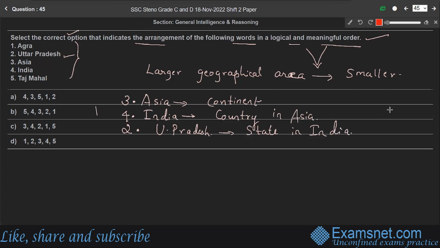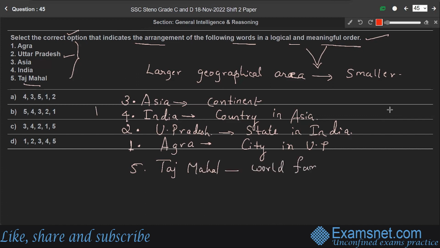Next comes Agra, the first word, which is a city in Uttar Pradesh. And lastly, it is Taj Mahal, the fifth word. Taj Mahal is a world famous structure in Agra.